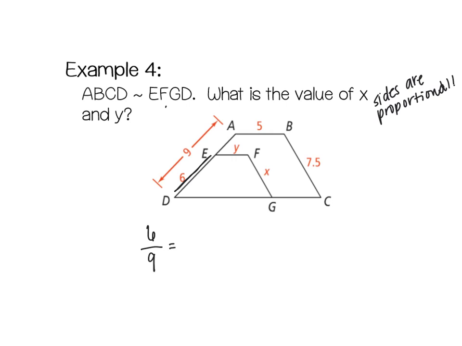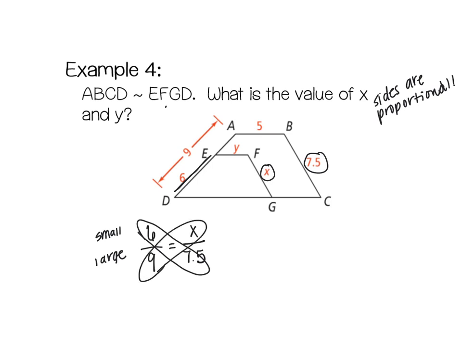And then it asks me to find X and Y. So since I put the smaller shape on top with the 6 value, over here I would put X on top because it's also part of the smaller shape. And it corresponds to, on the larger shape, this 7.5. So now I've set up a proportion, and we know from last week that we solved this by cross multiplying.